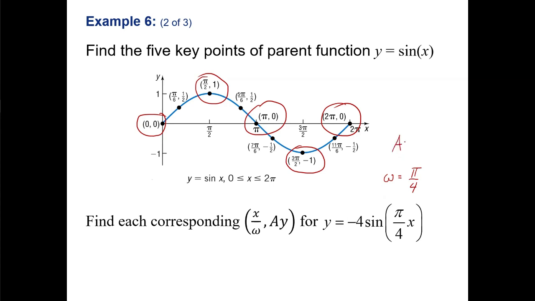A is negative 4. All right, so we're going to have a 0 divided by pi over 4, which is still 0, and then the negative 4 times 0. So that's going to stay 0, 0.